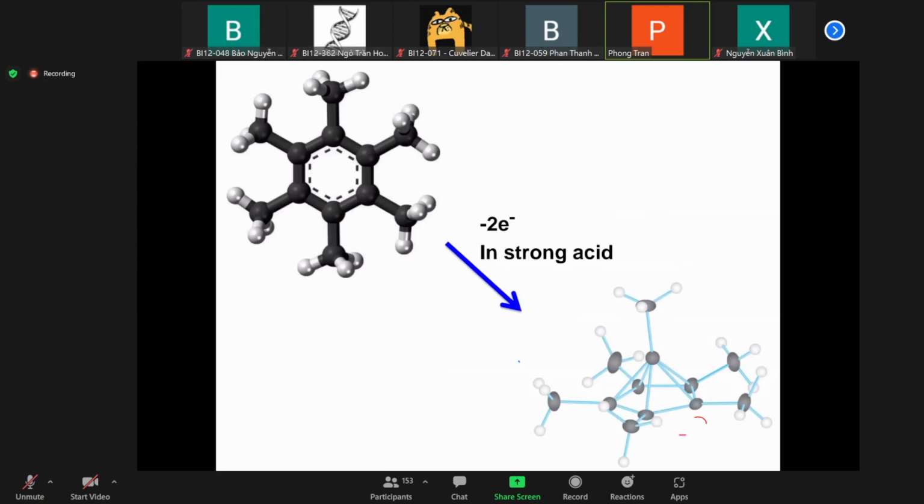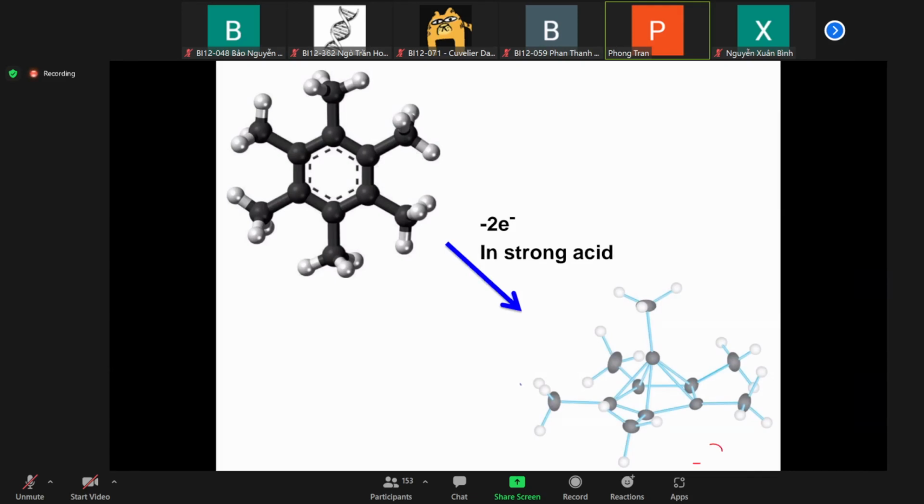So this compound has been made by a chemical reaction. When you take this compound and then reduce it in a strong acidic environment, you have this single crystal, they isolate it and do the crystallization.